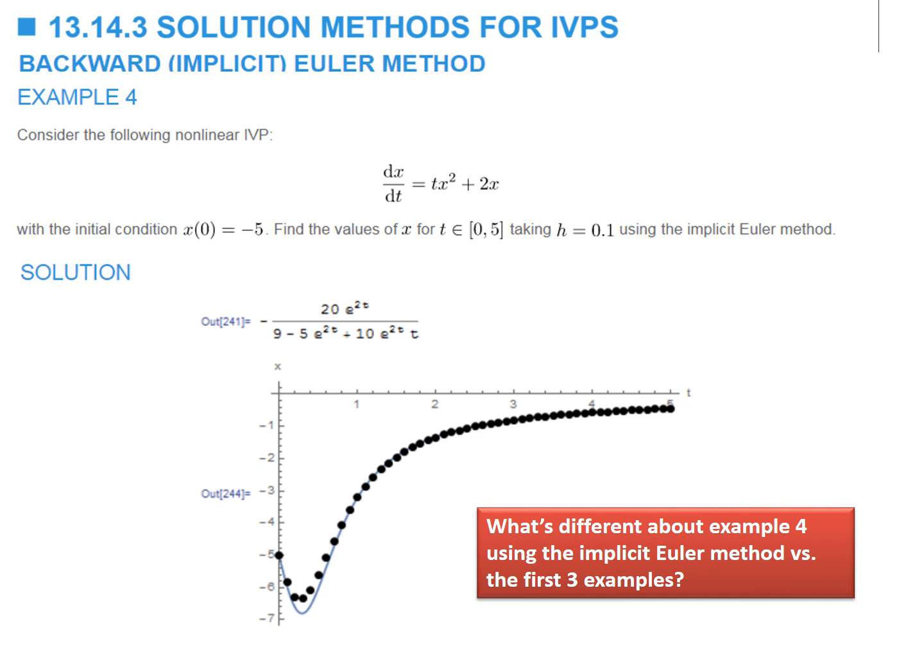As we advance in time, we're going to get that blue curve. The blue curve is the true value given by this equation, and the dots are the numerical solution obtained using the implicit Euler method. Here in the red square, I'm asking what is the difference about example 4 using the implicit Euler method versus the first 3 examples.